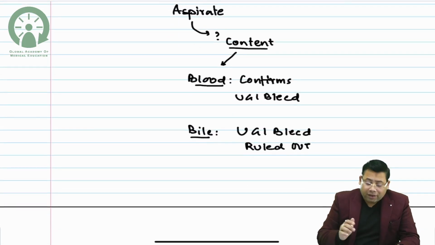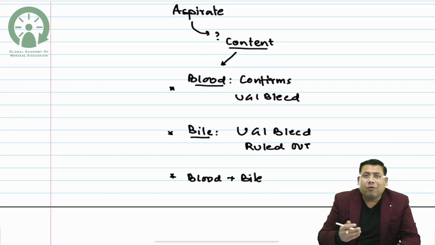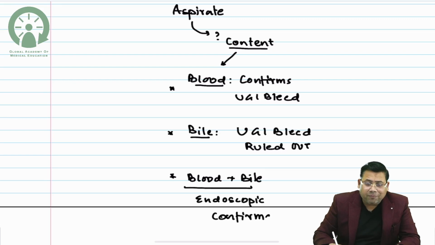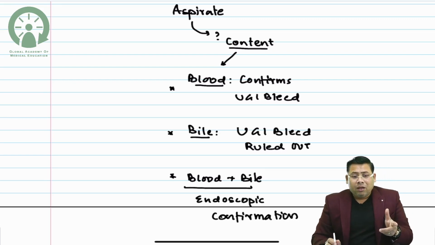And if the content is blood plus bile, then this is an equivocal scenario, and you need endoscopic confirmation. So this is how you do a bedside assessment. Now this is very important. Why is it important? Because it gives you a basic idea.